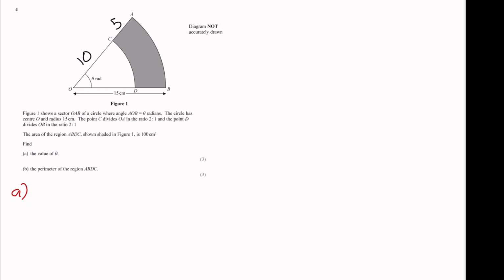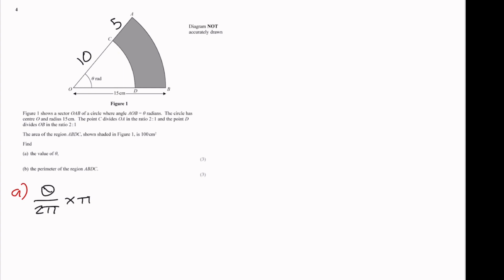So if we want to find theta and we are given the area of the shaded section, well, the area of this shaded section is going to be the area of the whole sector subtract the area of the smaller sector. So if we do the area of the large sector, it's theta over 2 pi, so what proportion of the circle, multiplied by pi r squared.